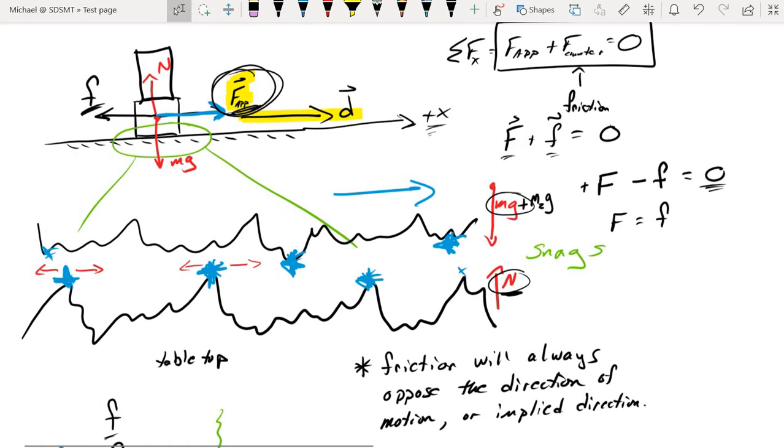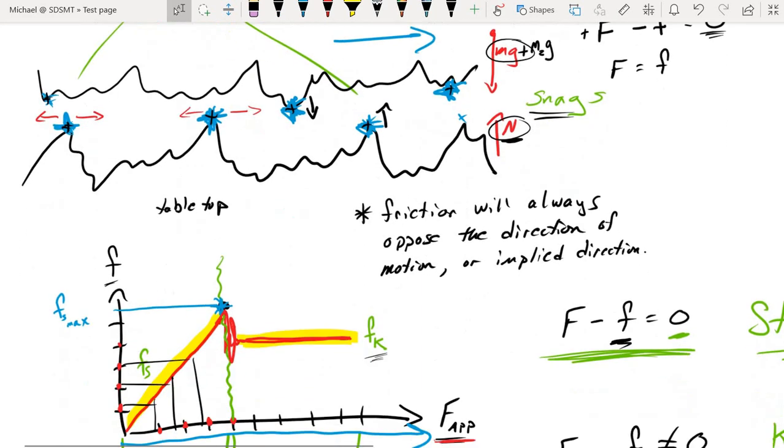But effectively what you're doing is pressing this block down onto the tabletop, and you're forcing these peaks closer together as a result. And if you force those surfaces closer together, you're going to increase the amount of interactions that you get between the peaks. And you're going to get more snagging as those objects try to slide across one another.